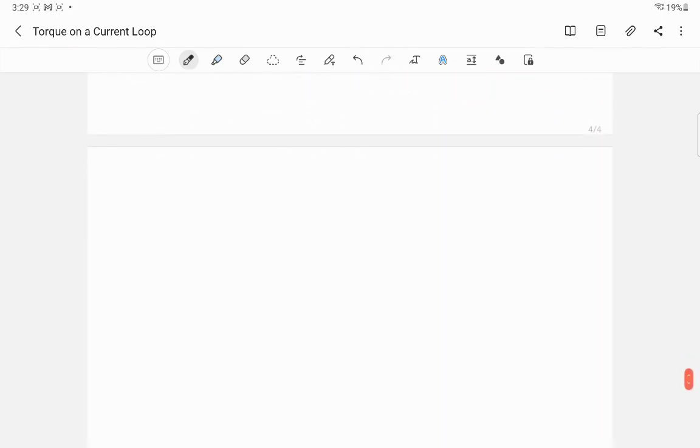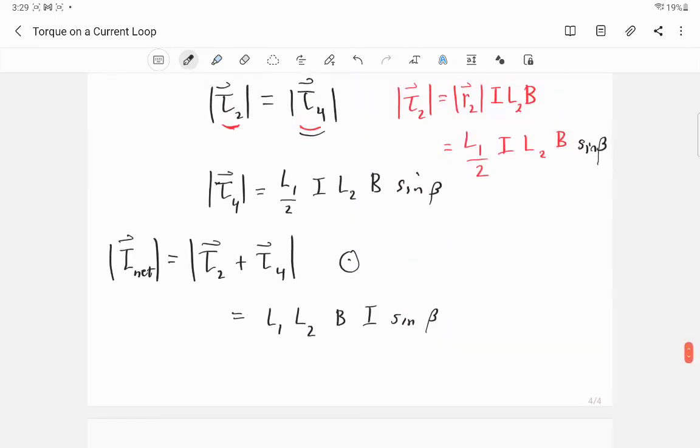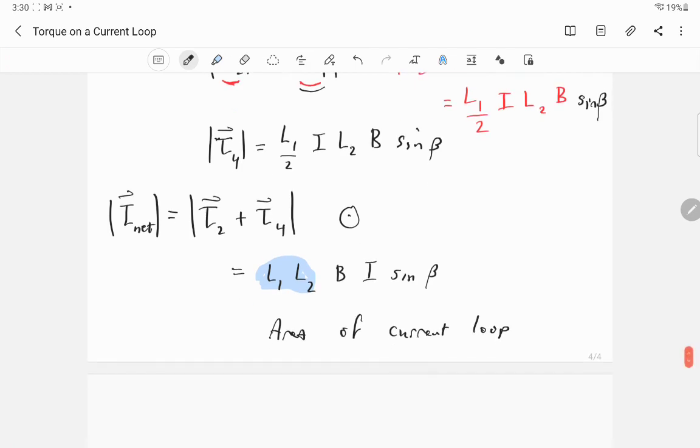Okay, so yeah, we have this expression. I want you to notice that this right here is the area of the current loop, right? I want you to notice that. It's also got this B value, and it's got the current I in it.